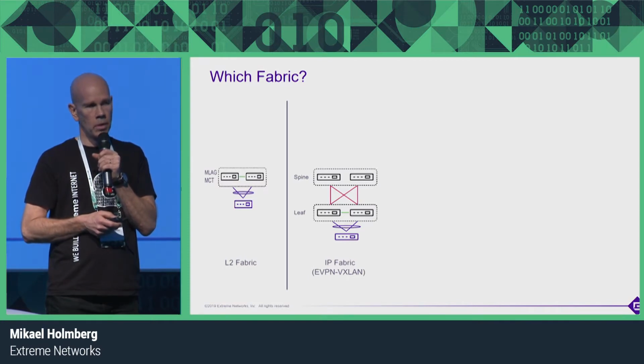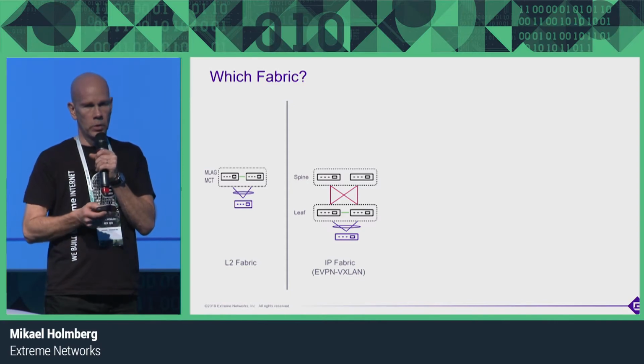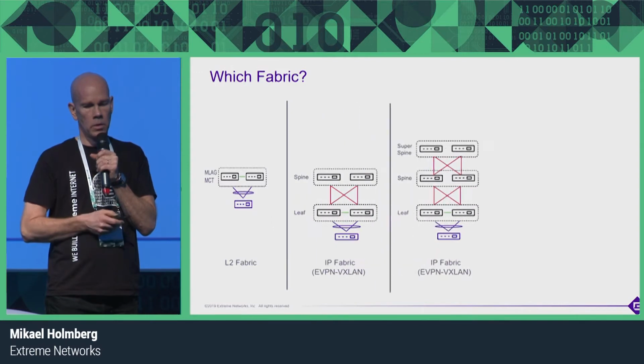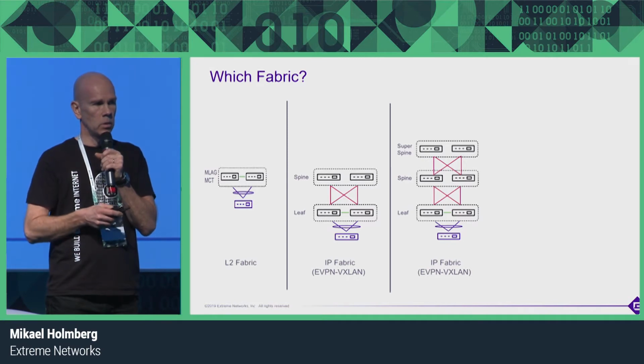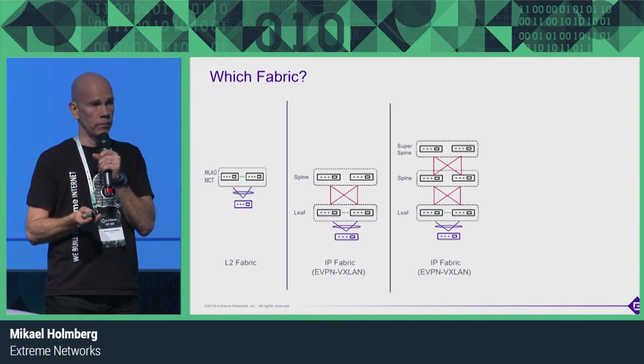You could start to add more leaves. Obviously, your limiting factor here is how many ports you have on your spine node. So how would you scale that then? Vertically. Then you go into a super spine, so you add a layer on top of that one. Now you can scale these both horizontally as well as vertically. So this is just a pick of a couple of fabrics.